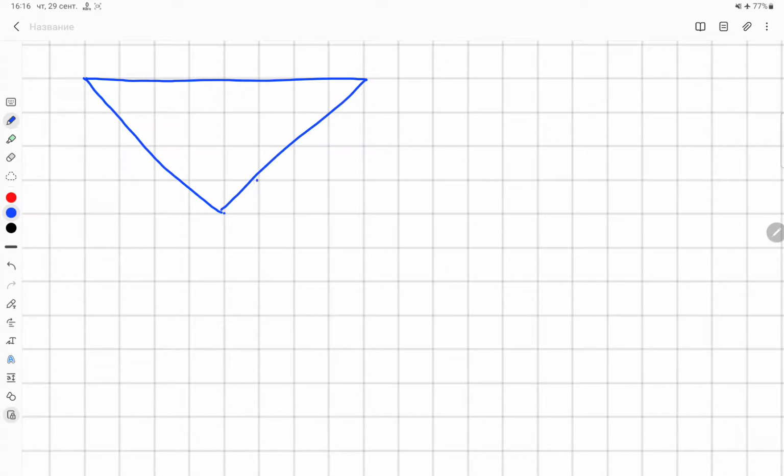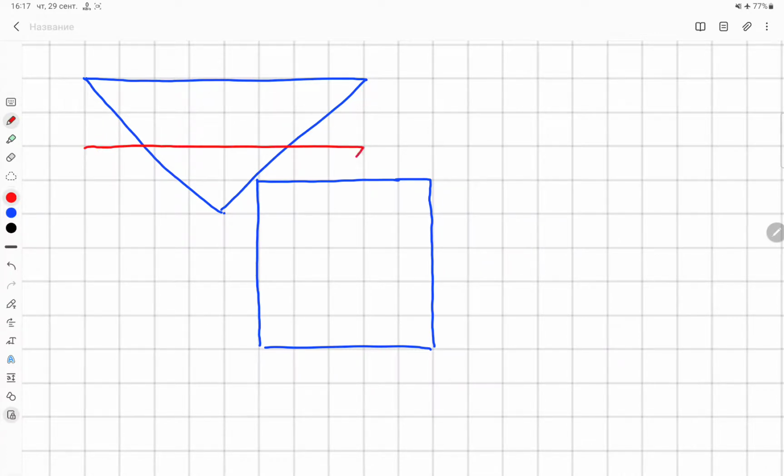M1 was here, for example. And also we have a second object at the left side. I will not draw it. After some time, m2 will be here, and it will be moving downward. And this is its displacement, yes? Let's call it x2.